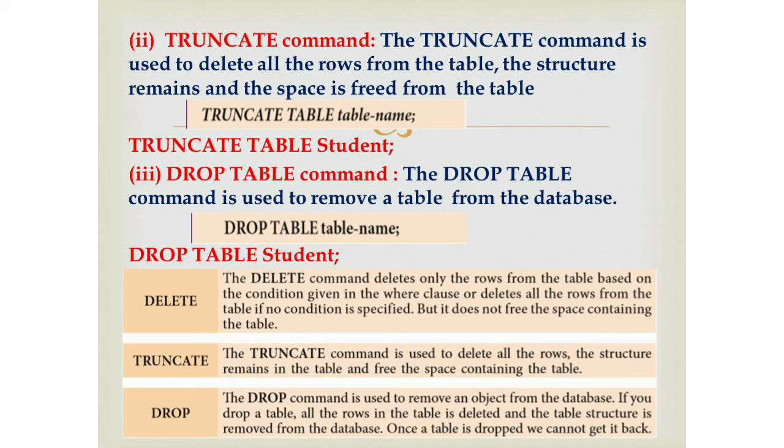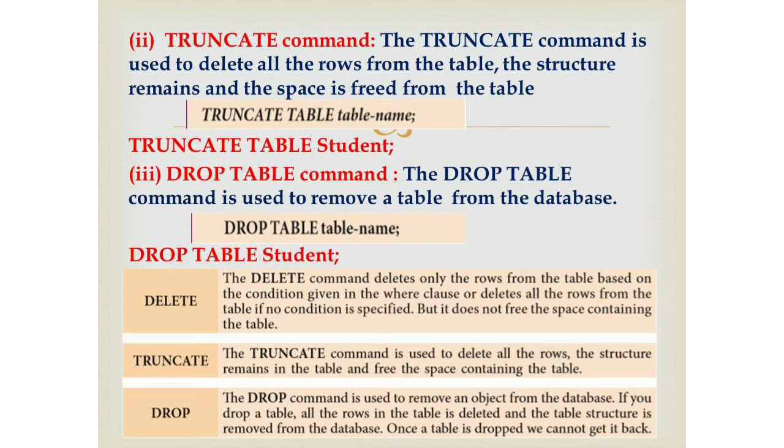Now we'll see the difference between the delete, truncate and drop statements. The delete command deletes only the rows from the table, based on the condition. If you want to delete all the rows from the table, we can use star. The truncate command is used to delete all the rows, but the structure remains in the table, and it frees the space containing the table.